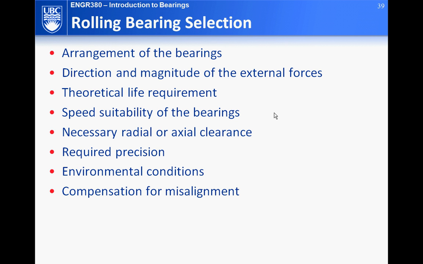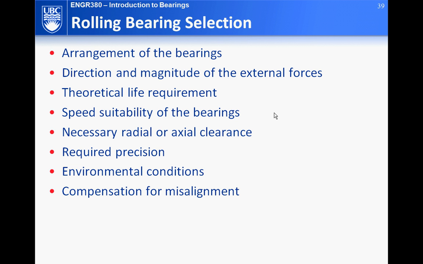So now here comes rolling bearing selection. We will look at it in detail, but in general, when you select a bearing, you need to take these things into consideration. What's the arrangement of the bearing? What's the direction and magnitude of the external force? What's the life requirement?